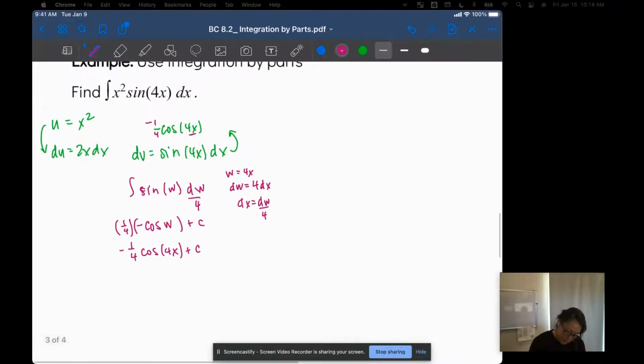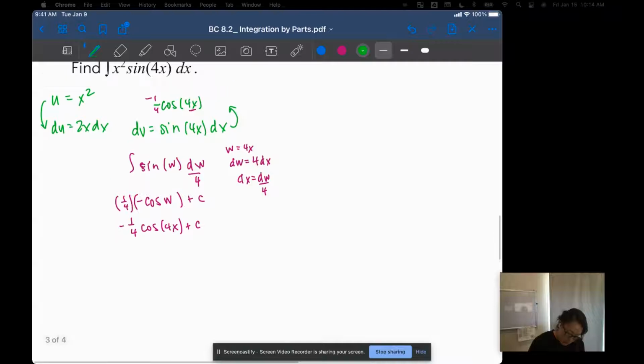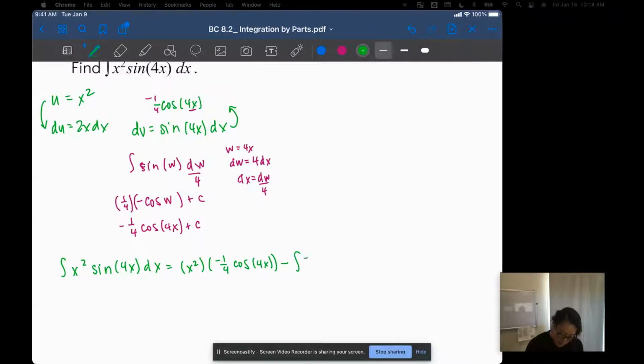So I end up with the integral of x squared sine of 4x dx is equal to u times v, so x squared times negative 1/4 times the cosine of 4x, minus the integral of negative 1/4 times the cosine of 4x, I didn't put v here, times the du, which is 2x dx. Okay, that can be rewritten.